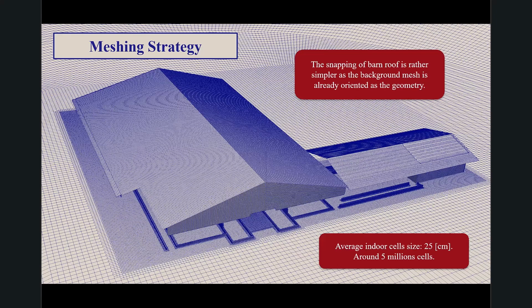So the total space required by the installation is around 250 meters by 250 meters, with 80 meters of length.